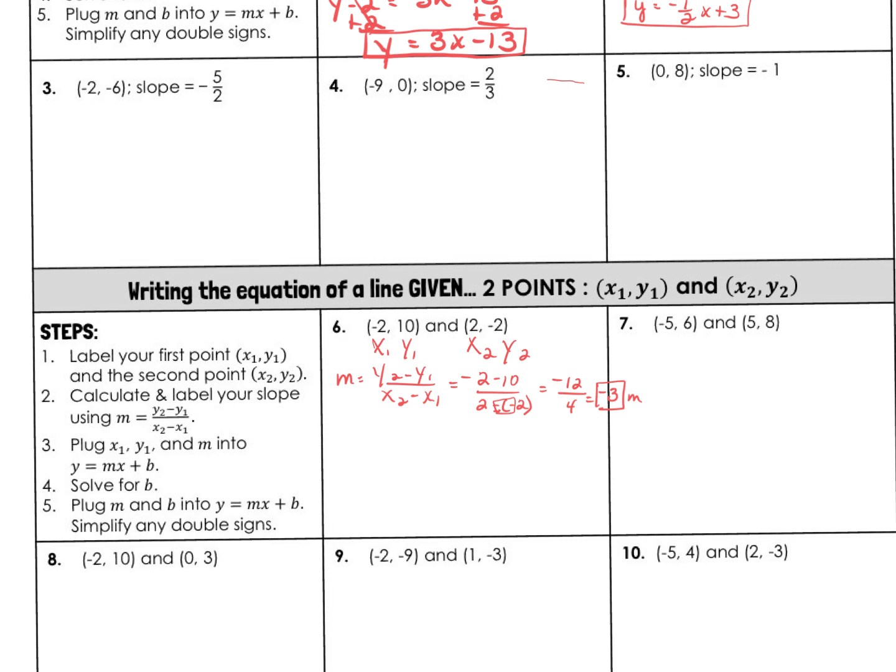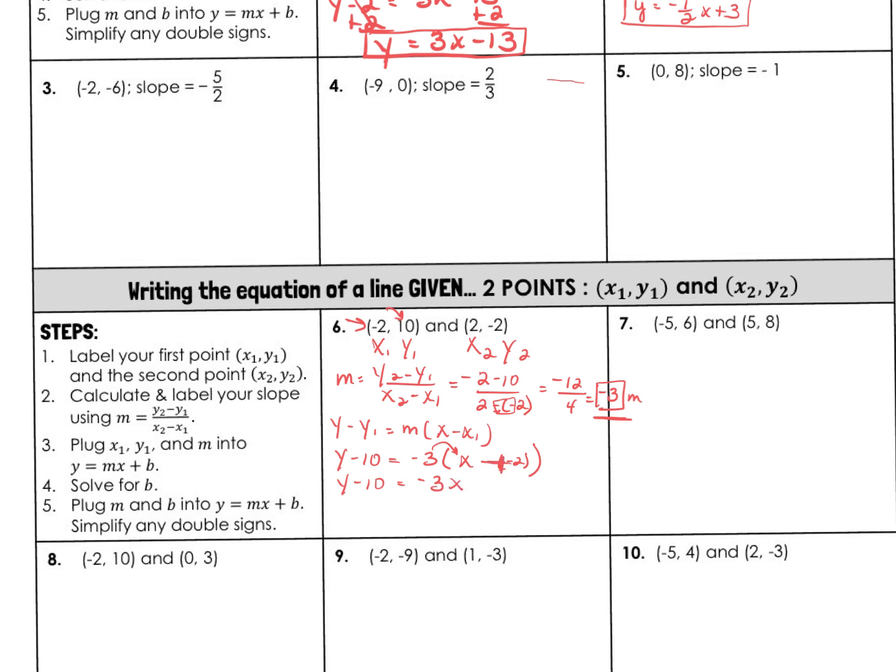So now we want to take this information and plug it into our initial equation. Y minus y1 equals m times x minus x1. Our y1 is 10. So y minus 10 equals the slope, negative 3, times x minus x1, which is negative 2. Y minus 10, we're going to do distributive property, negative 3x.